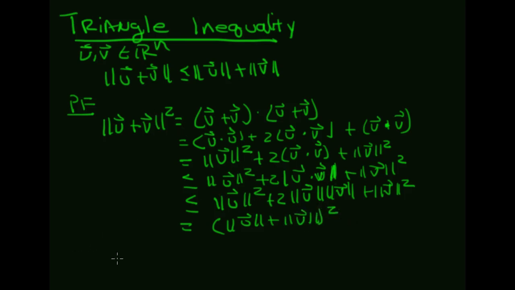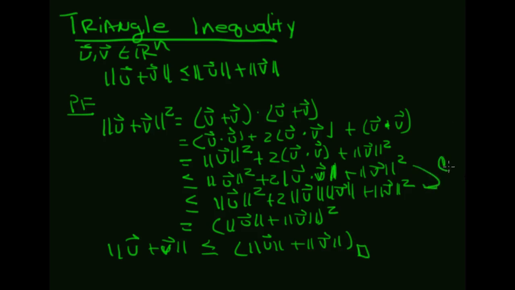And then you just take the square root of both sides, which gets me that the magnitude of u plus v has to be less than or equal to the magnitude of u plus the magnitude of v. This is the Cauchy-Schwarz step. We have proven the triangle inequality.